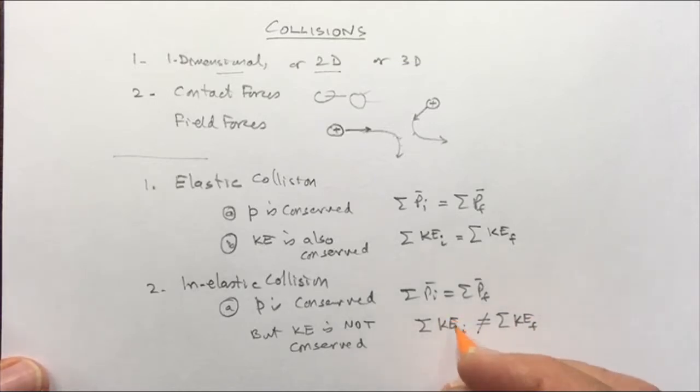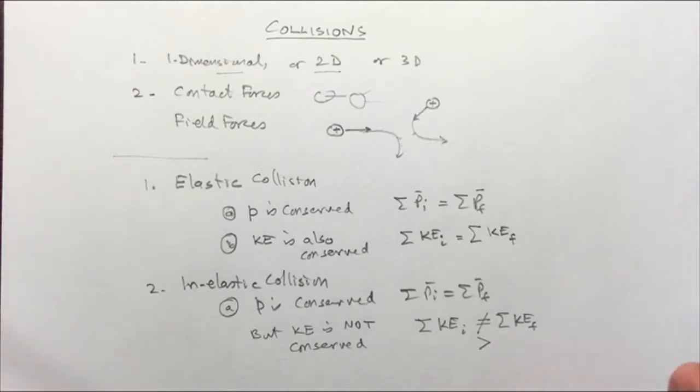In fact, the initial kinetic energies will add up to more than the final kinetic energies, because in this collision there will always be a loss of kinetic energy. So some kinetic energy will be lost, it will go into sound or heat or something else.